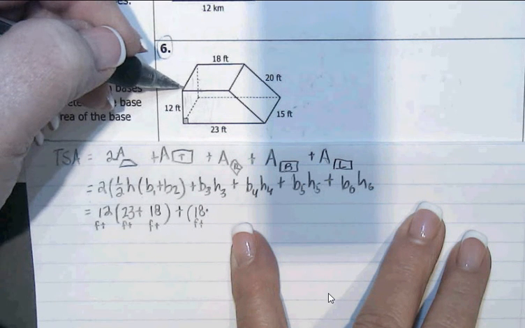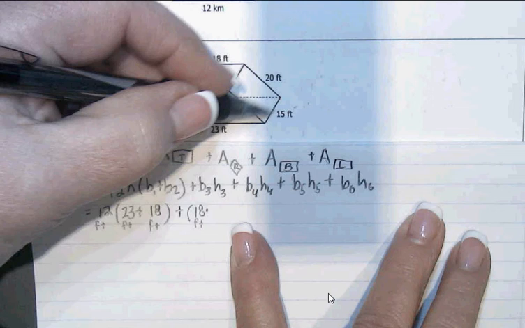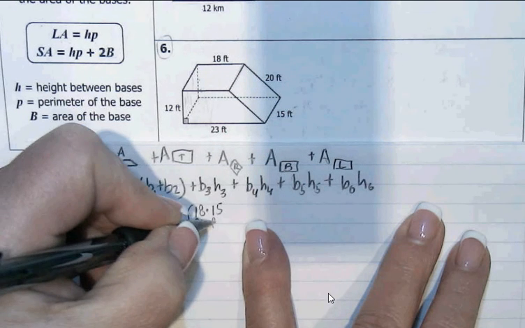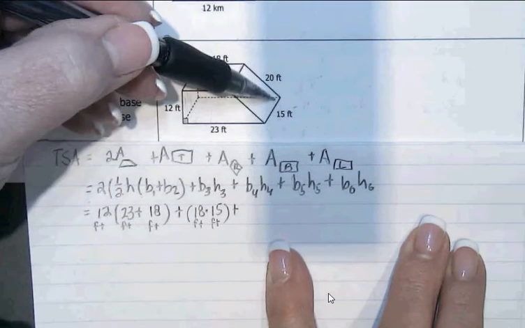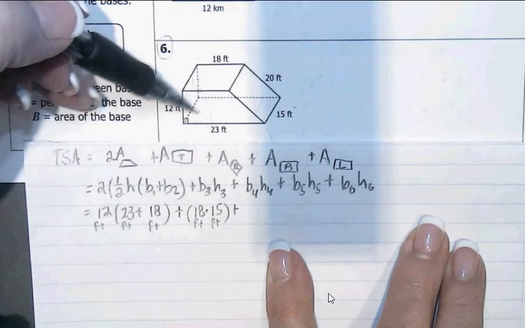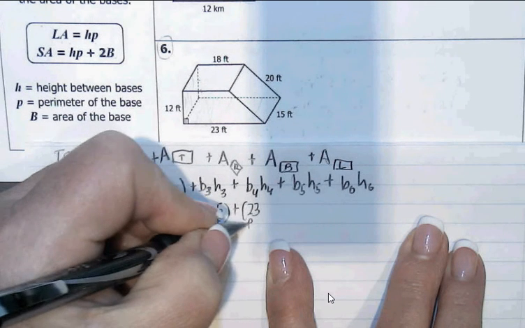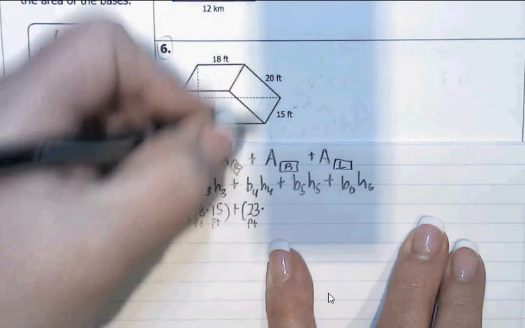And I don't see a dimension there, so I have to keep looking at all of these parallel lines until I find the one that has the dimension. And here's 15 feet. And then I'm going to look at the bottom rectangle down here. And we're going to call the base of it 23 feet. And the height of that was our 15 feet.